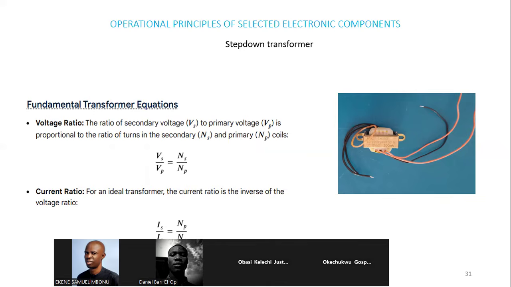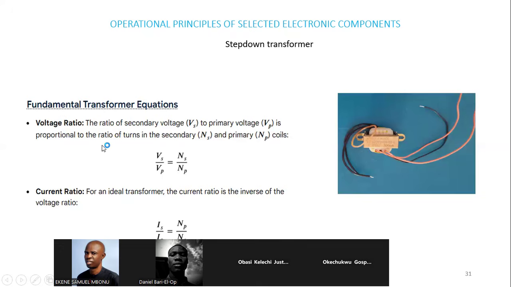When you supply voltage to the input winding, through electromagnetic induction, it transfers the energy to the secondary winding. From primary winding to secondary winding, there is no contact. It is done by electromagnetic induction.